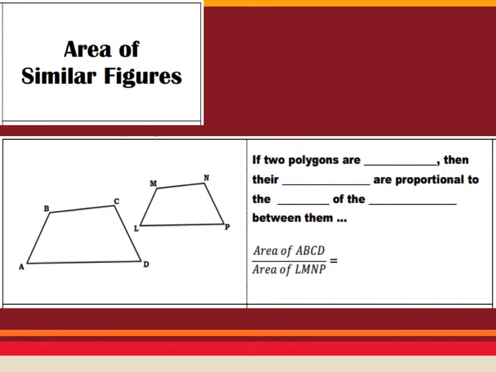When we have area of similar figures, if we have polygon ABCD and polygon LMNP, these are dilations. They are different sizes. If two polygons are similar, then their areas are proportional to the square of the scale factor between them.